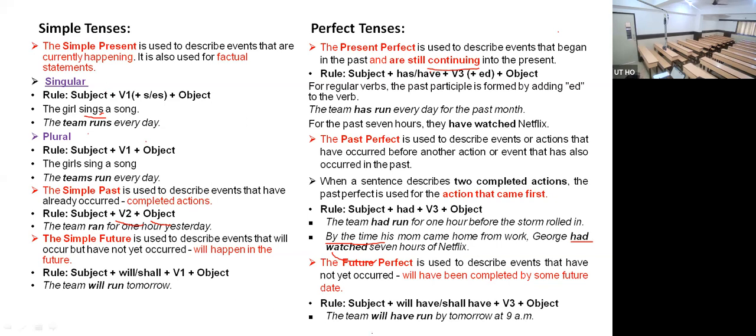Okay. Now we go into a few more. Just a second.